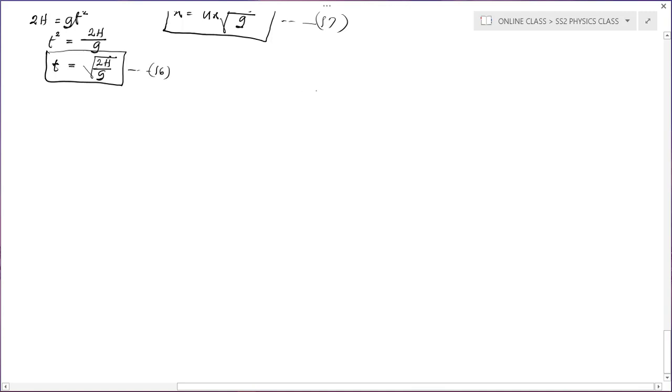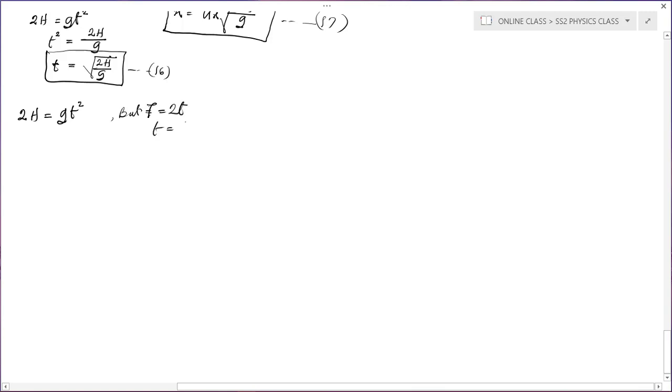Now again, we can still go further to say that, what we have there, t is also working there. Capital letter T. We can see that again, 2h is equal to g t squared, but all we know is that capital letter T equals 2t.